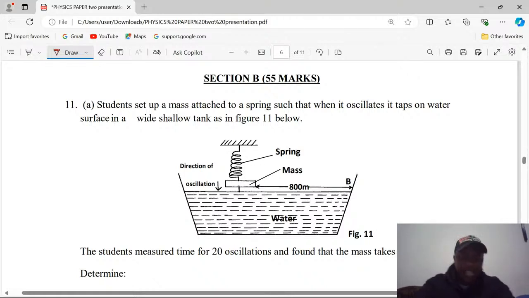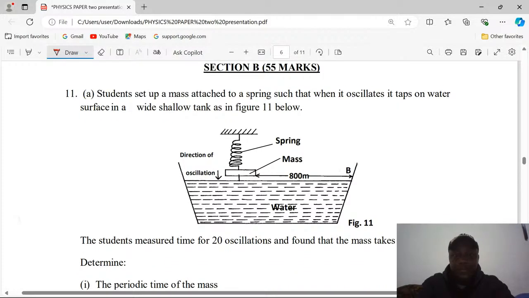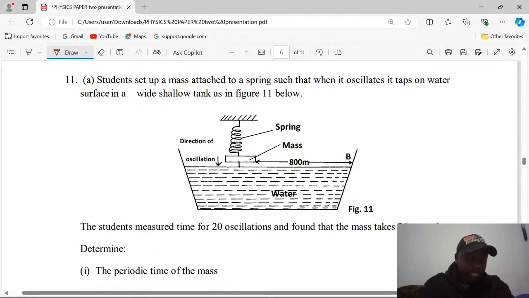We can be faster, but ensuring that you get everything. What is happening here? Students set up a mass attached to a spring such that when it oscillates, it taps on the water surface in a wide, shallow tank in figure 11 below.